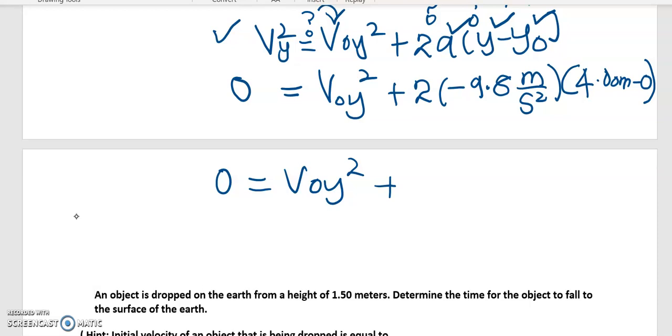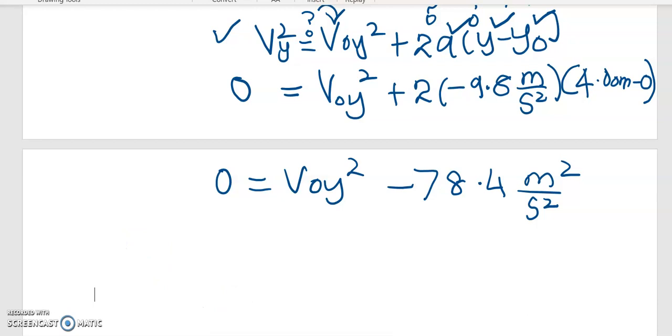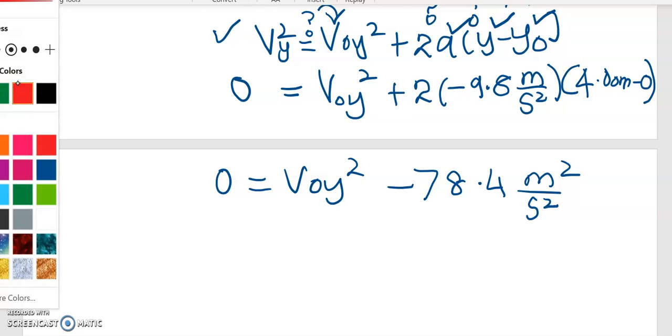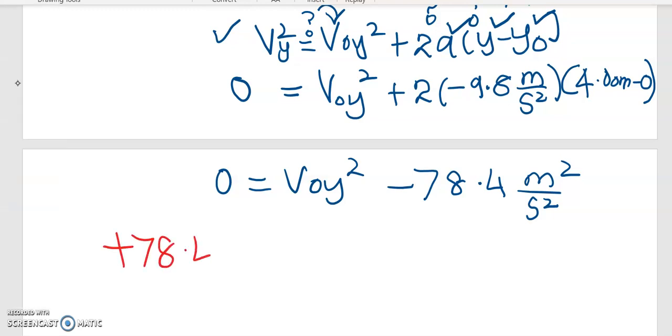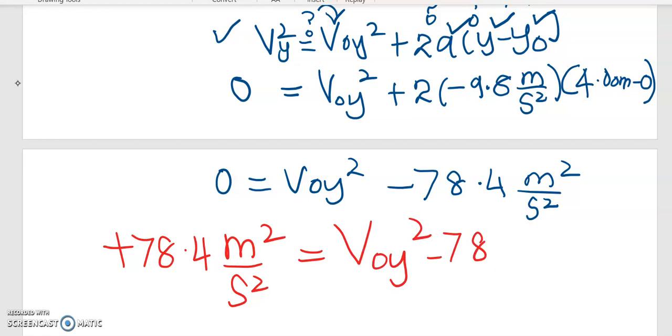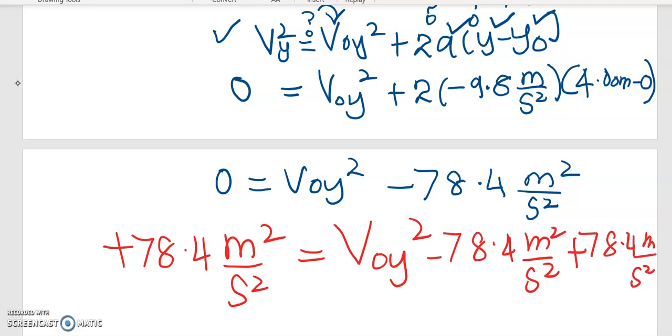We should get negative 78.4. So I'm going to write negative 78.4 meters squared divided by second squared. And if you add 78.4 to both sides of the equation, because our objective is to separate v naught y on one side, plus 78.4 meters squared per second squared.